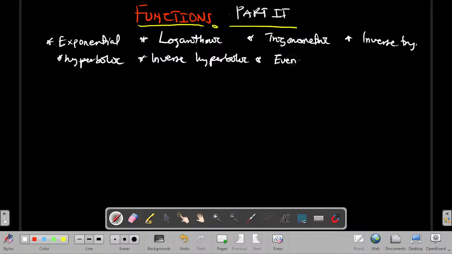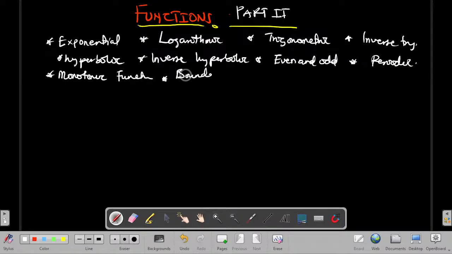It's very important, even and odd functions. Then we also have periodic function. Then you also go through monotonic functions. Then we will do bounded functions. Then we solve more problems.